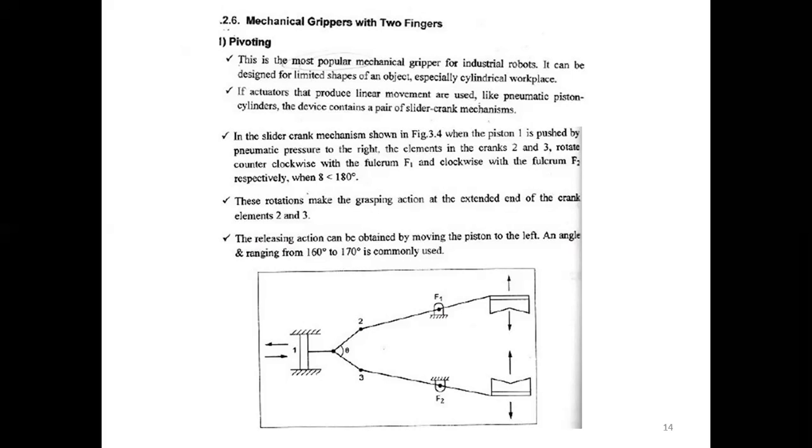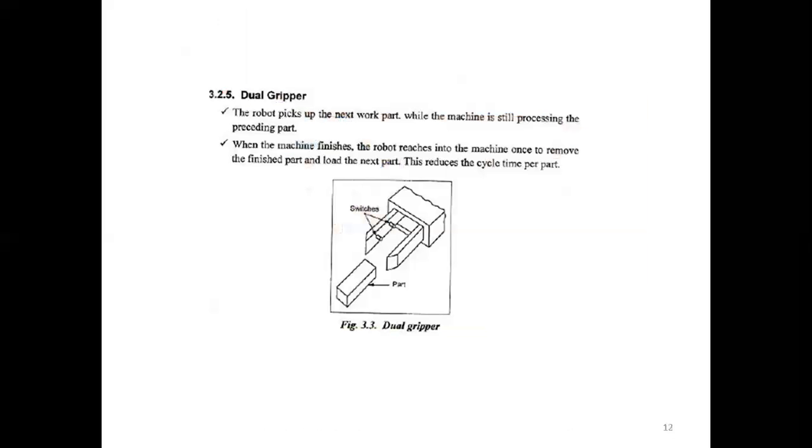Crank elements 2 and 3 rotate counterclockwise about fulcrum F1 and clockwise about fulcrum F2. These rotations make the grasping action at the extended ends of crank elements 2 and 3. The releasing action is obtained by moving the piston to the left. An angle ranging from 160 to 170 degrees is commonly used. So this is an example.